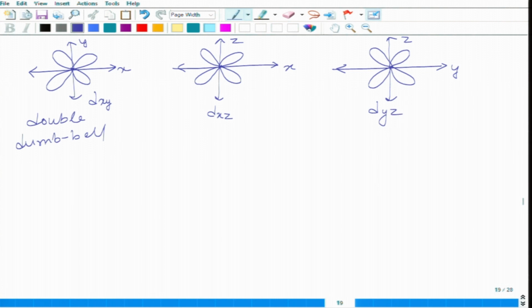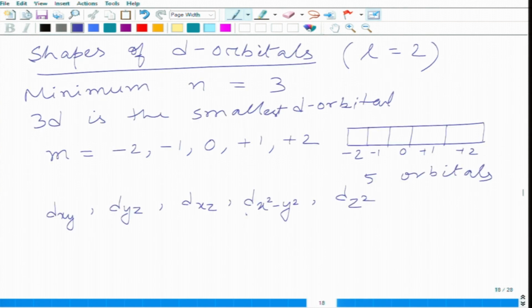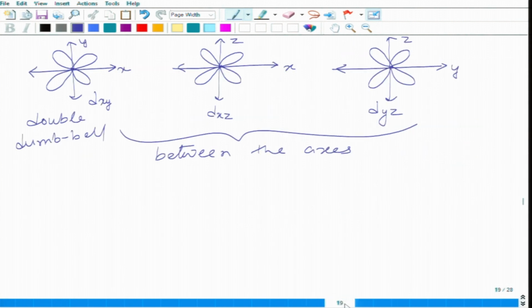So, these 3 orbitals are between the axes or in the planes. Now, 2 orbitals, dx square minus y square and dz square, they are along the axis.